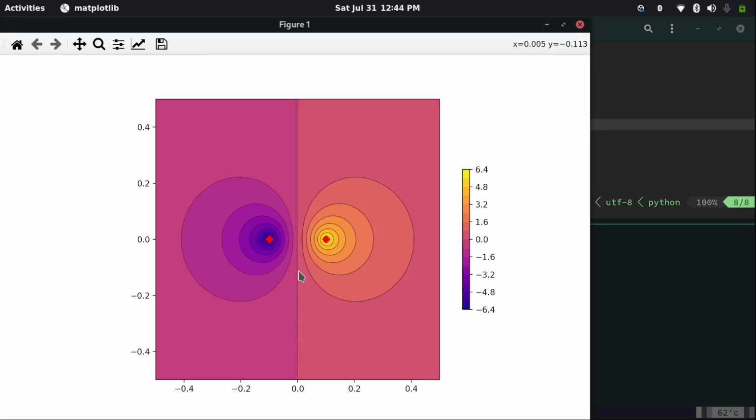So what does this mean? This means that if you put a particle at any point on this line and give a slight push in the y direction, the charged particle will not see any of these two charges. It will go straight away. It will not be repelled or attracted, it will go straight ahead.